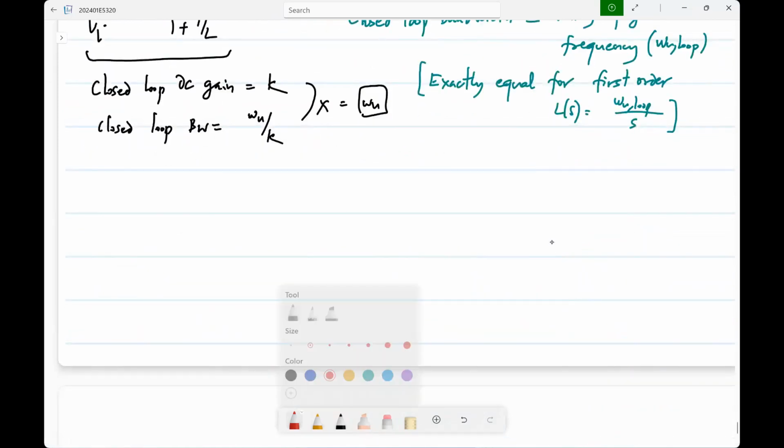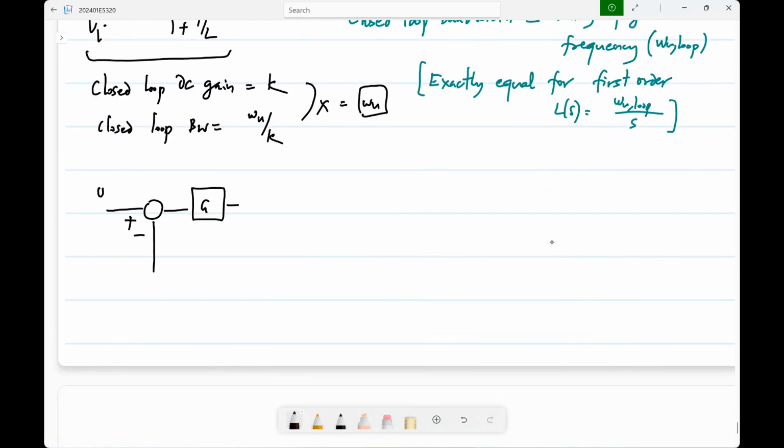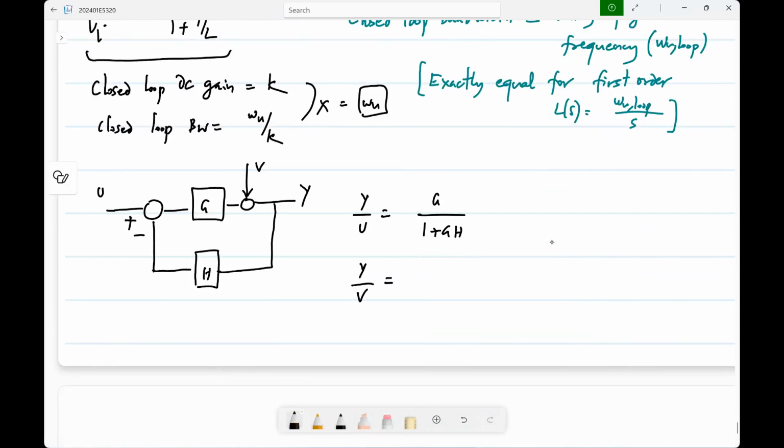So, again, if I show it with the control systems, this was my U, and let's say I have some V here, and Y. What is Y by U? You know, it is G by 1 plus GH. What is Y by V? 1 by 1 plus GH. Again, you know the algorithm to get this, right? It's the direct path gain from V to Y divided by 1 plus loop gain. That's how it will be.